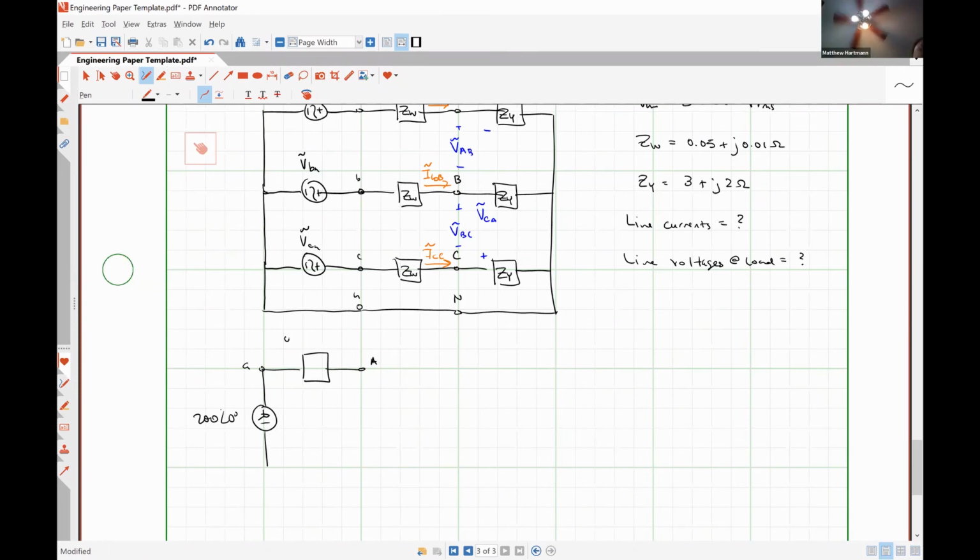This is 0.05 plus J 0.01 ohms. This guy is 3 plus J2 ohms. Capital N, lowercase n. All right, so my line current, IAA. How would I go about solving for that? Do you guys have any idea?